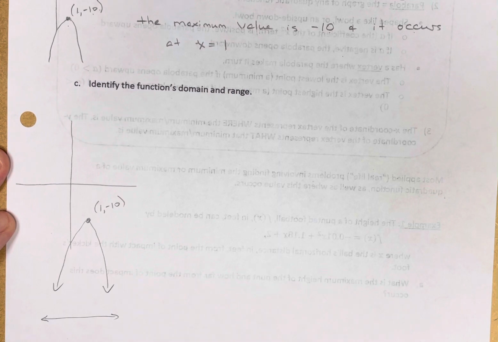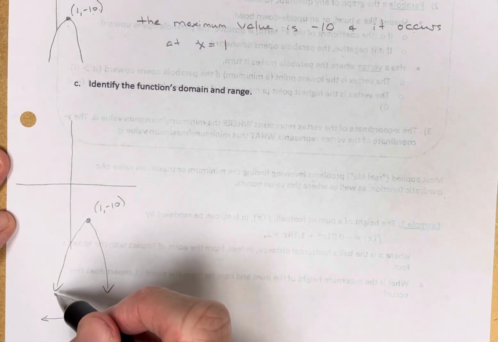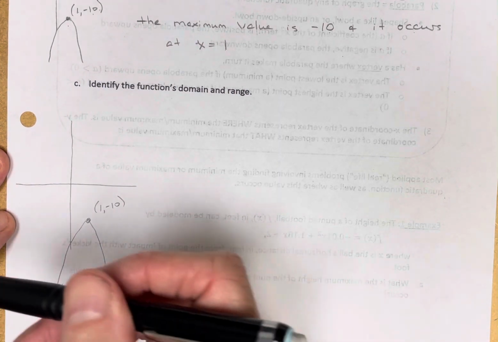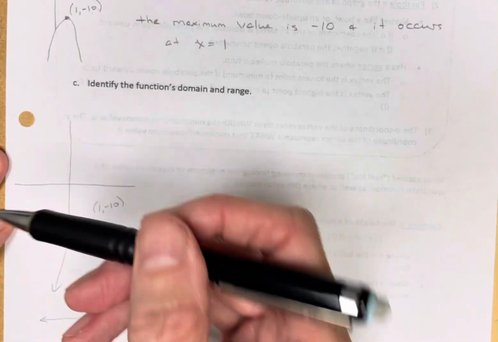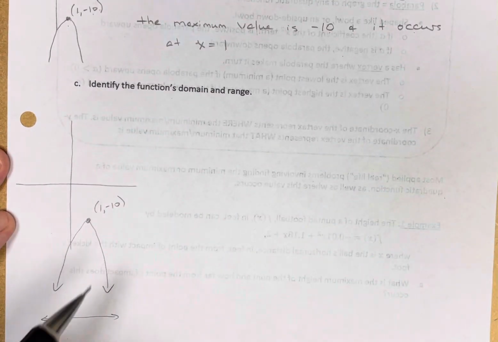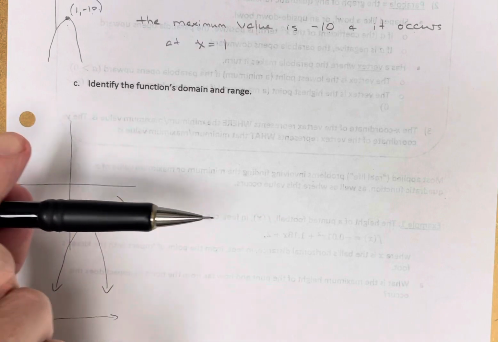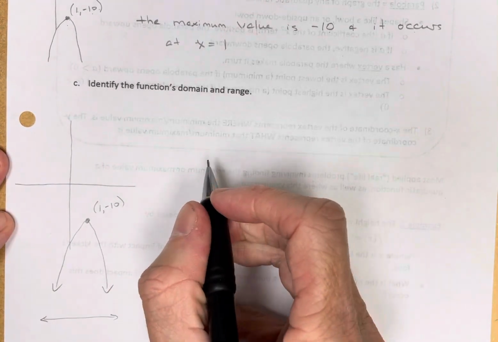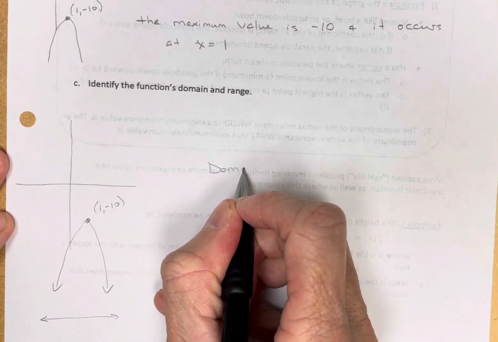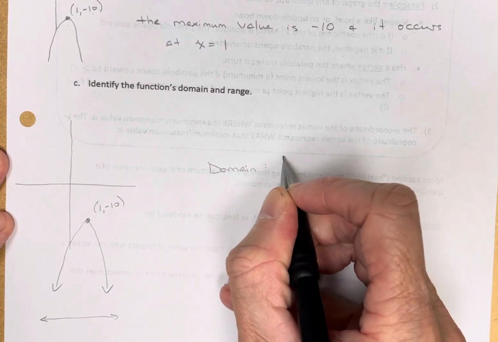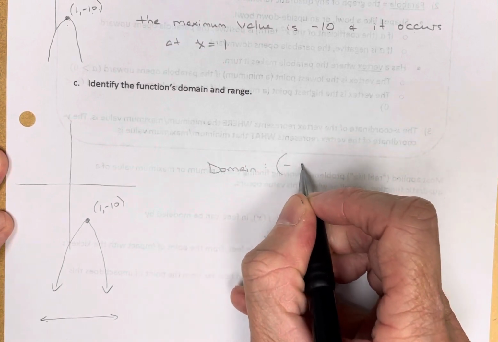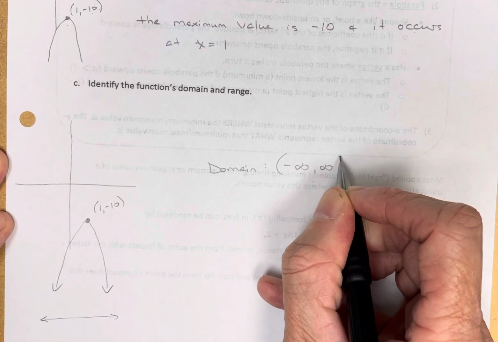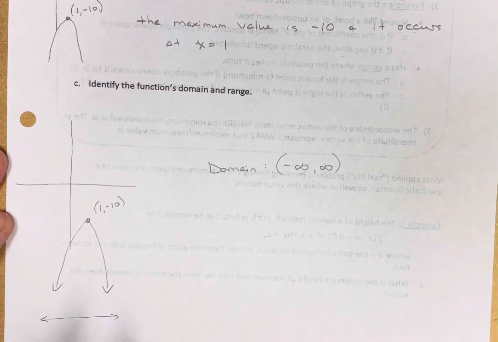Well, I have no restrictions in that direction. It keeps going further toward negative infinity that way. Same thing here, it's going further and further this way. So my domain in interval notation is from negative infinity to infinity. And of course, infinity is always represented with parentheses.